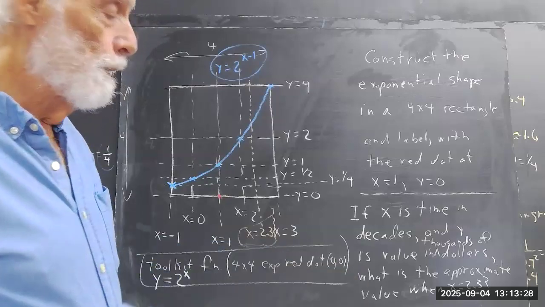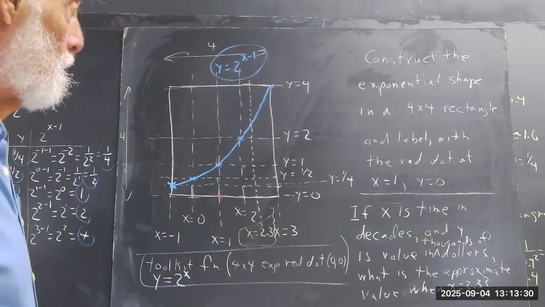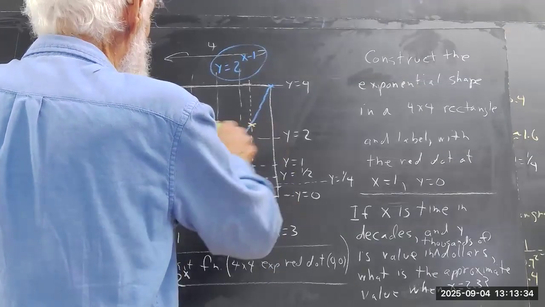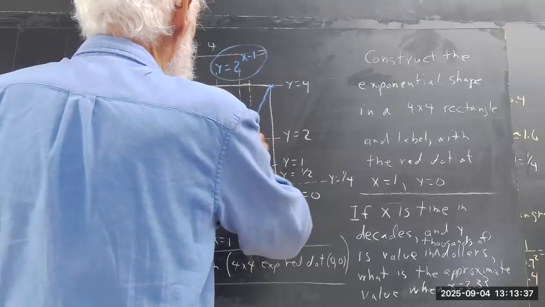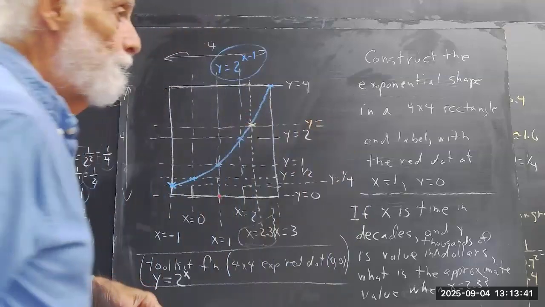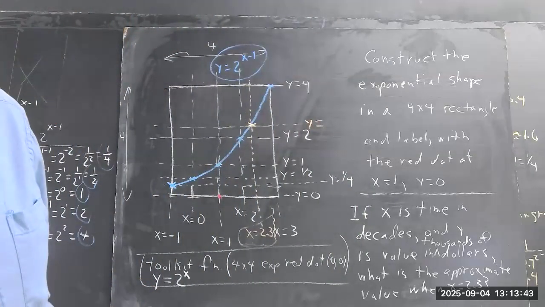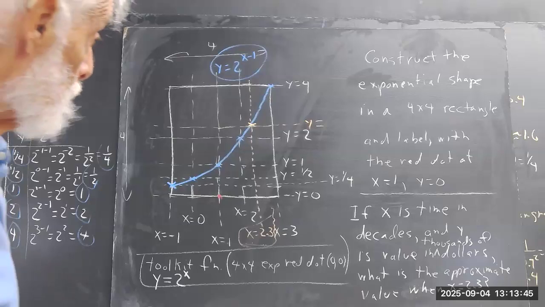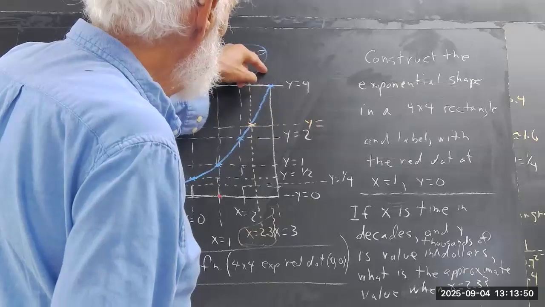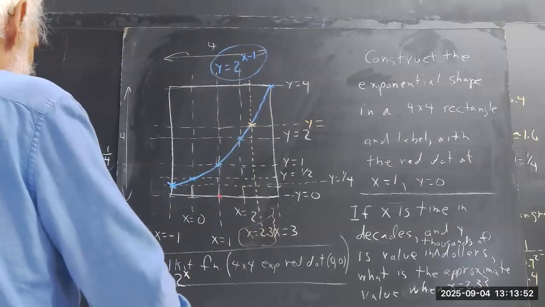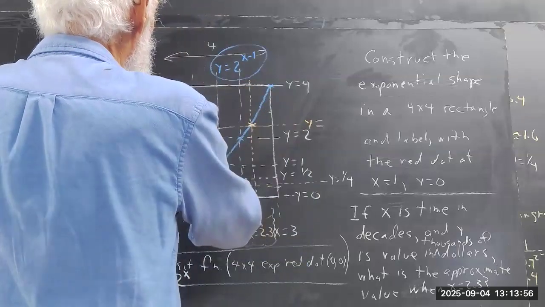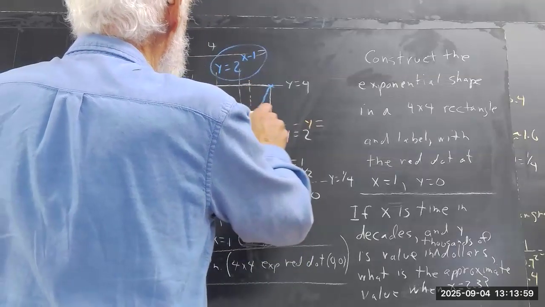Anyhow, there it is. So how are you going to figure out what the value is? Well, when x equals 2.3, this point on the graph tells you that its value is whatever y is here. So y equals what at this point? Well, it's between 2 and 4. It's closer to 2. It could be helpful to draw a line halfway between 2 and 4, which would be right about here.